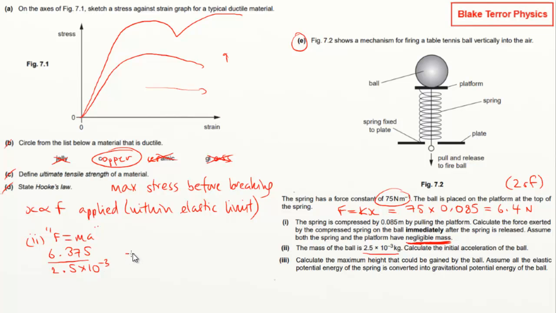This is going to be quite the acceleration. 6.375 divided by 2.5 is 2.55, and that'll be multiplied by 10 to the 3. So 2550, which is 2,600 to two significant figures. Meters per second squared, don't forget the units.